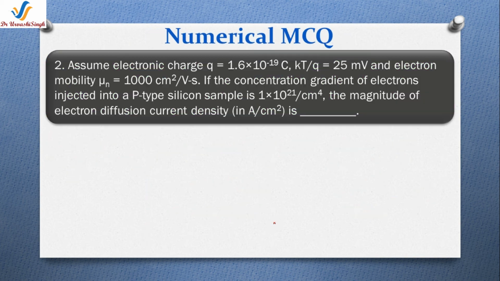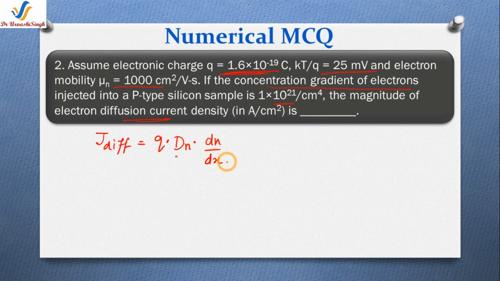Now the next question is: assume the electronic charge, kT by q is 25 millivolt, electron mobility is given, and the concentration gradient of electrons injected into a p-type silicon sample is this. Find the magnitude of the electron diffusion current density. So the diffusion current density J diffusion is q, the charge of the carrier, times the diffusion constant and the concentration gradient.